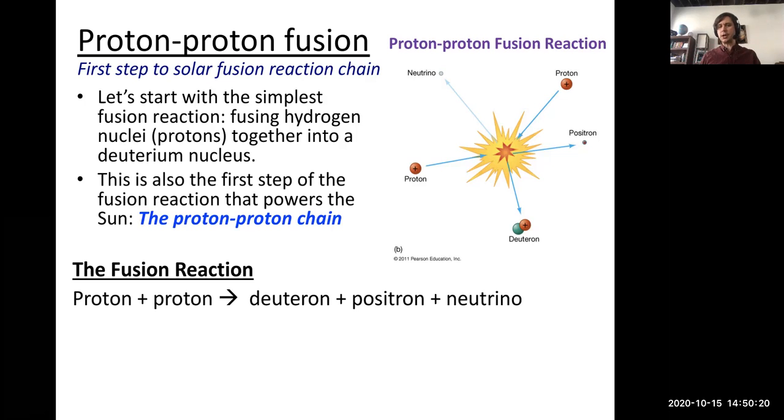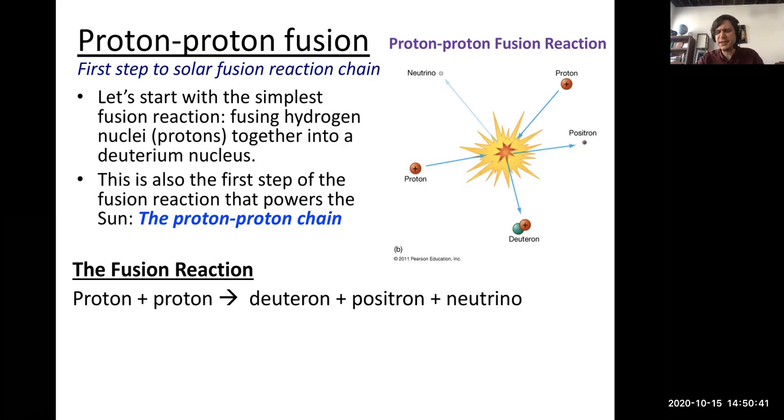And the positron will very likely encounter a free electron pretty soon after it's created. A matter-antimatter particle pair, they get together, they annihilate, and shoot off a gamma ray, some energy in the form of light. All right, so that is the reaction.